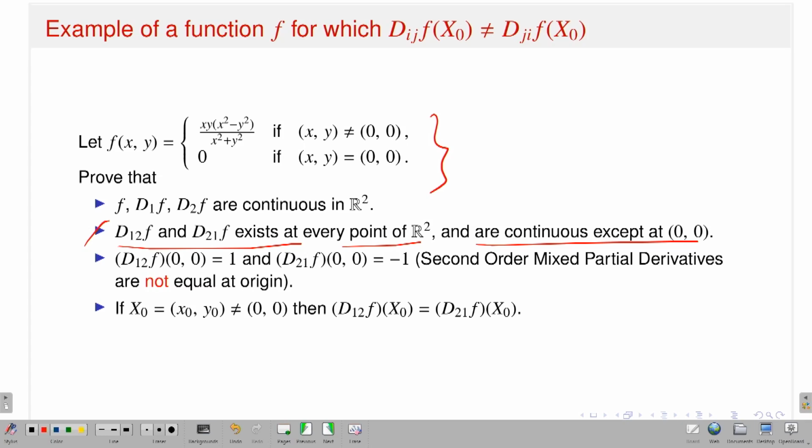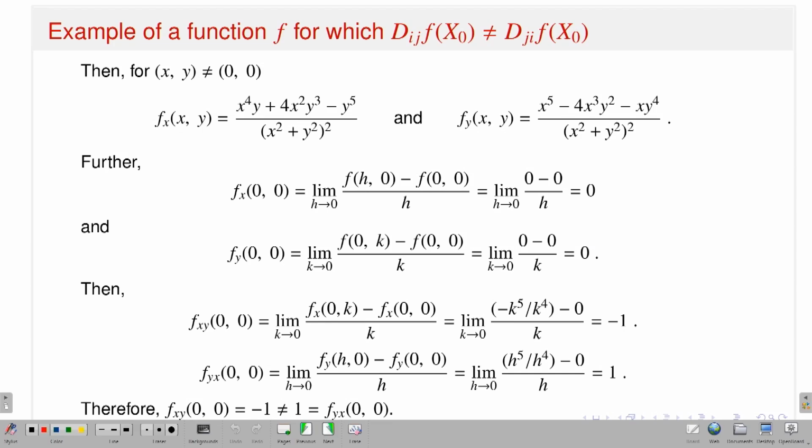Since they are not continuous at the point 0, 0, I do not know whether the values of the mixed partial derivatives at 0, 0 are equal or not. In this example, you can even calculate the mixed partial derivatives at the point 0, 0. I have calculated it here. So look, f xy at 0, 0 has the value exactly equal to -1, and the mixed partial derivative f yx at 0, 0 is exactly equal to 1, but they are not equal.